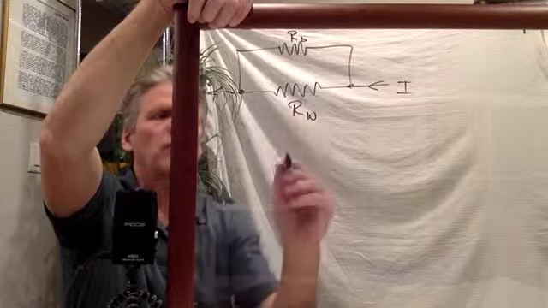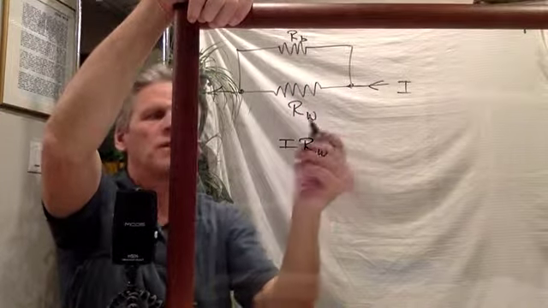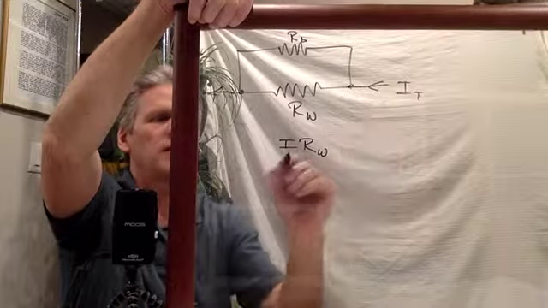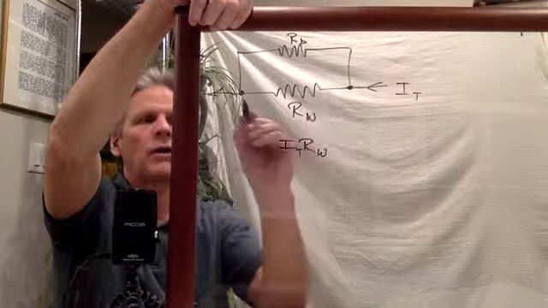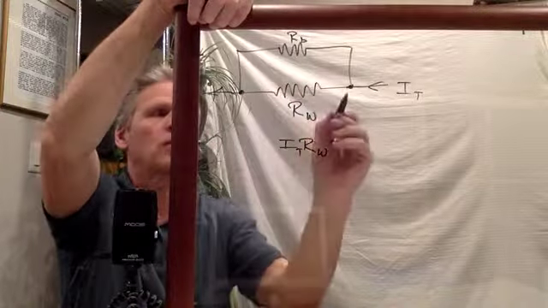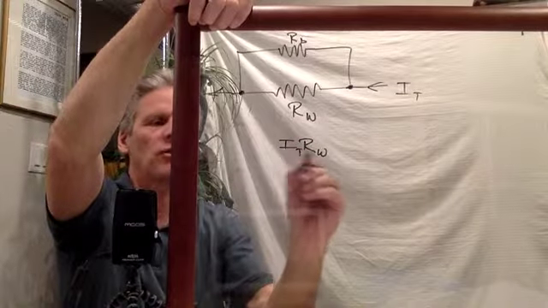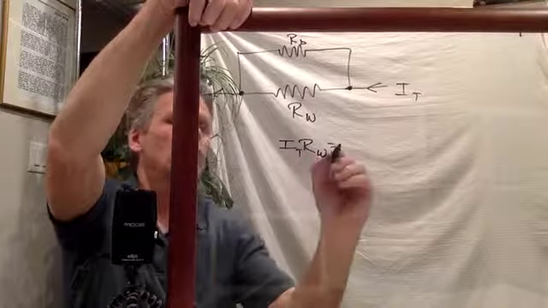We have a resistance here. Therefore, what do we have? We have I_T R_W. I'll call this I_T for I total, the total current. So the voltage drop from here to here, before the bird lands on this, is just I_T R_W. That's it. And this would be delta V.